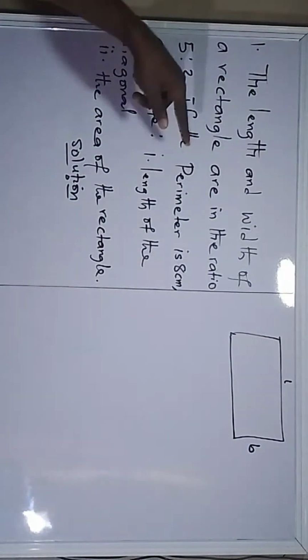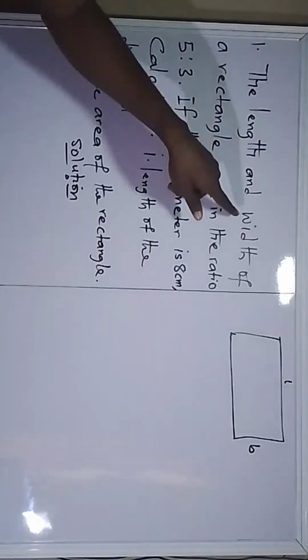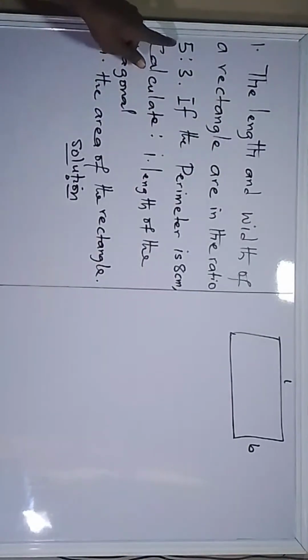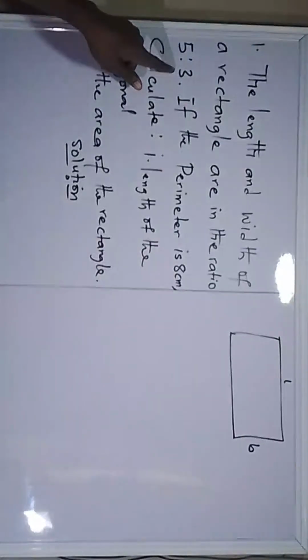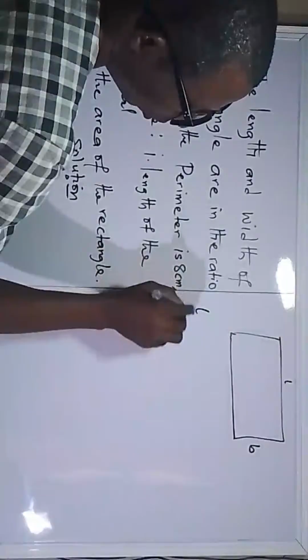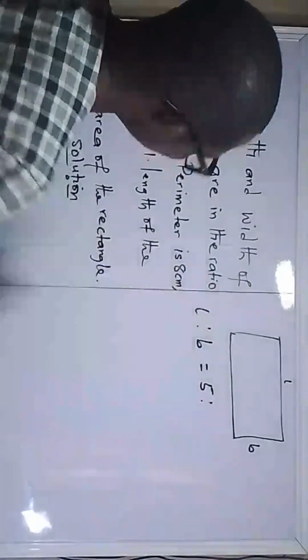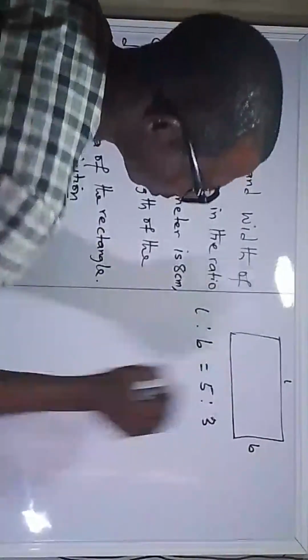When you look at what we have here, the ratio of the length to the width, which is the breadth, is 5 to 3. So we can say that the ratio of L to B is 5 to 3.